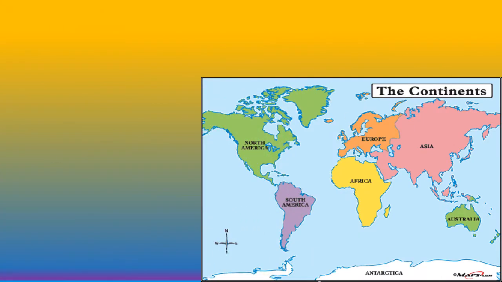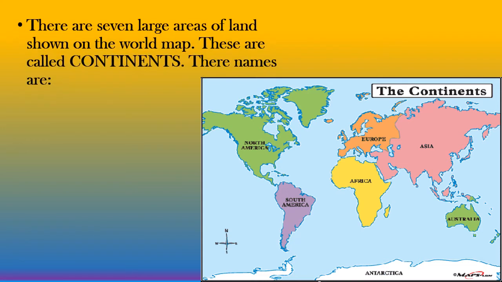So kids, as we are talking about the world, we know that Earth's surface is made up of land and water. 70% of the Earth's surface is covered with water and 30% is covered with land. There are 7 large areas of land shown on the world map.